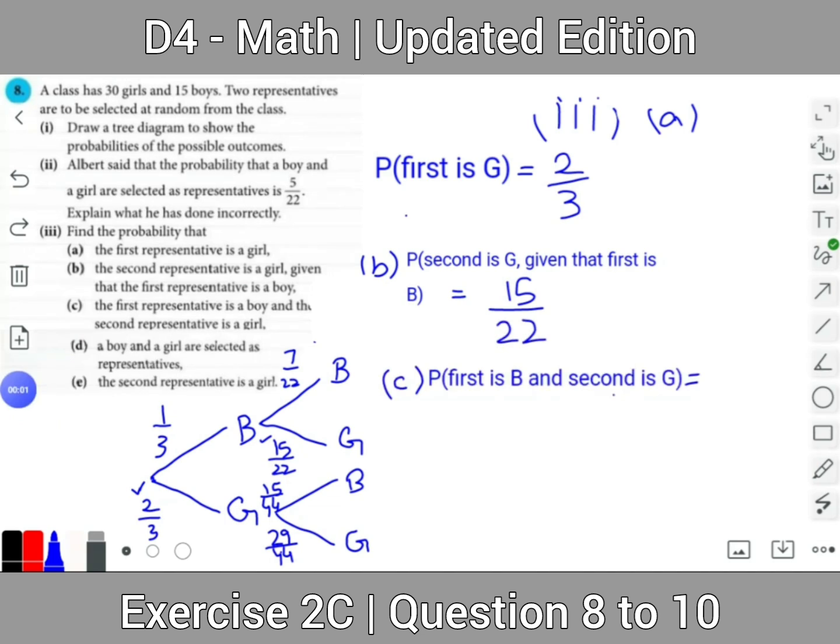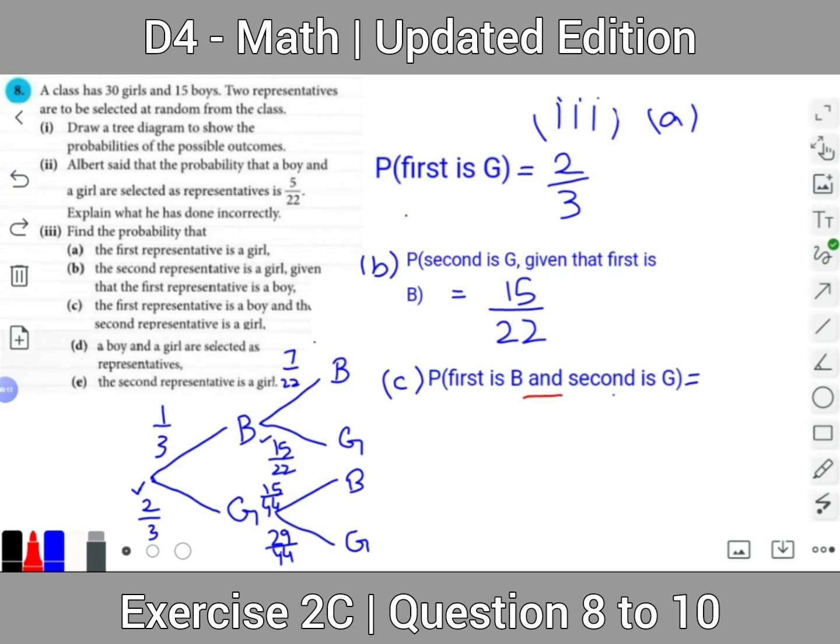Now in part C, we have to find the probability that the first representative is a boy and the second representative is a girl. Here we have used the word and, so we will apply the multiplication law of probabilities.